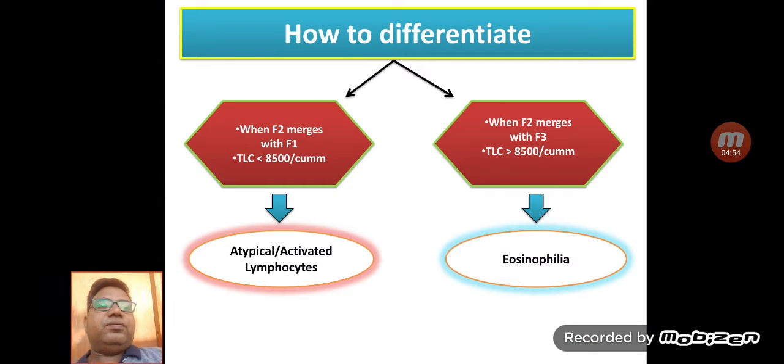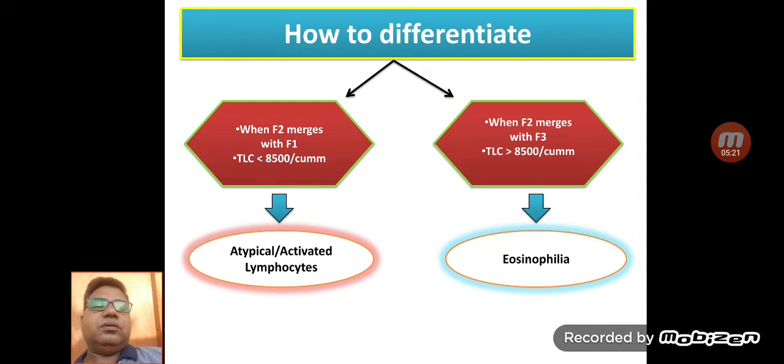In order to differentiate these two conditions, when the F2 flag merges with the F1 flag and the total count is less than 8500 per cubic millimeter, the high mixed cell population is mainly of atypical or activated lymphocytes.